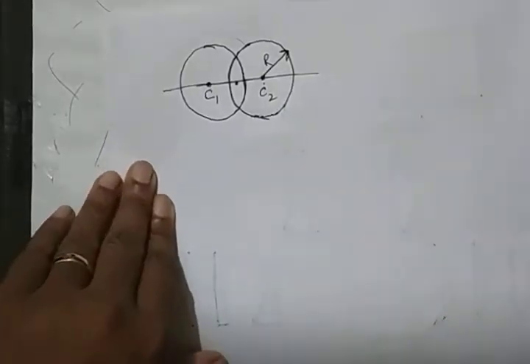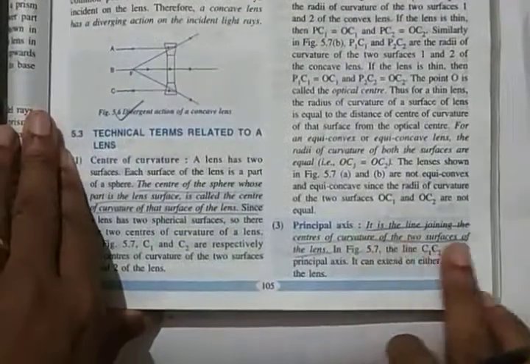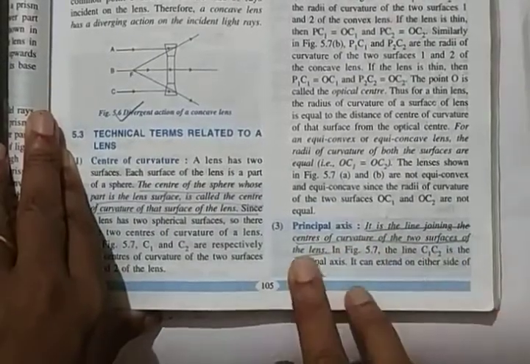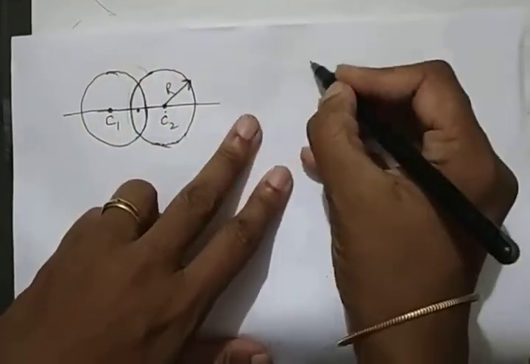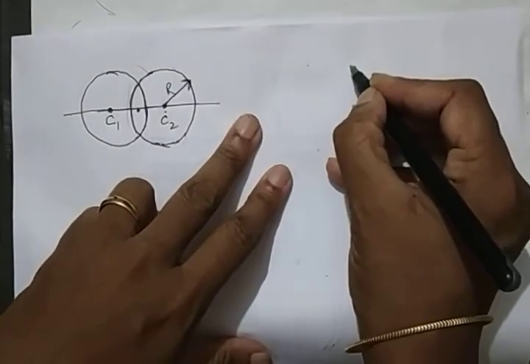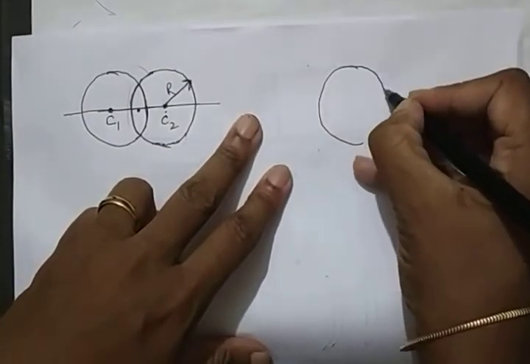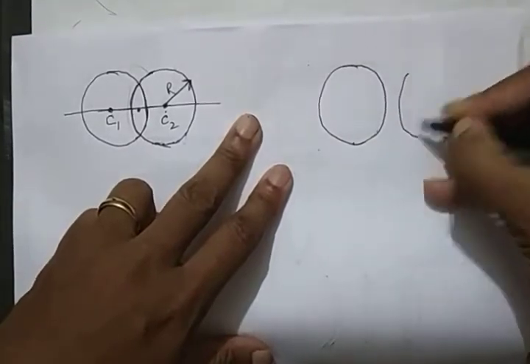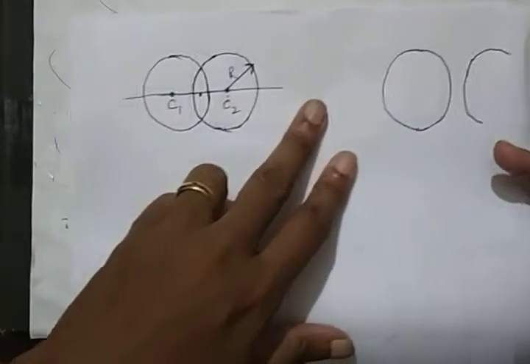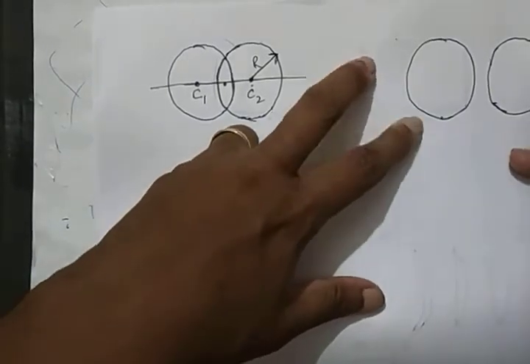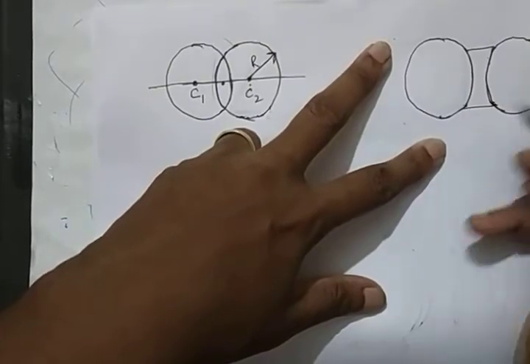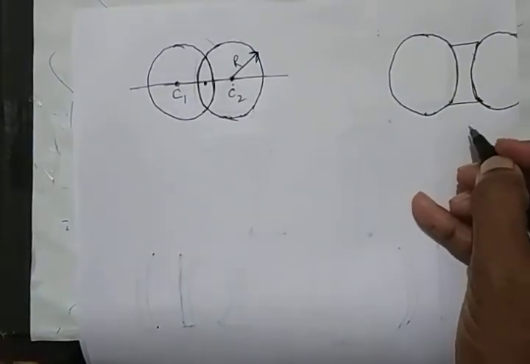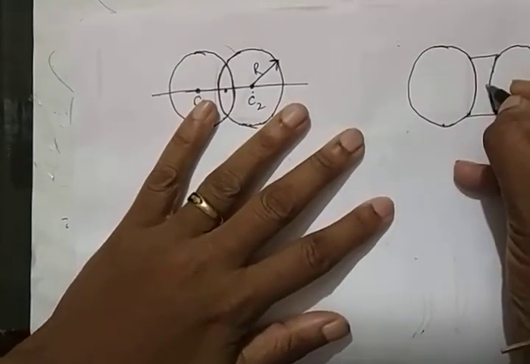The definition for principal axis is, it is the line joining the centers of curvature of the two surfaces of the lens. Now, convex we assume like this. For concave, we can assume that a concave lens can be formed by this common portion, which will resemble the shape of a concave lens.